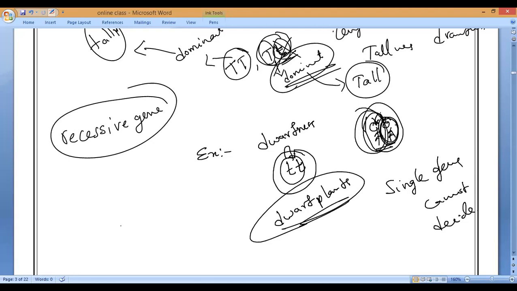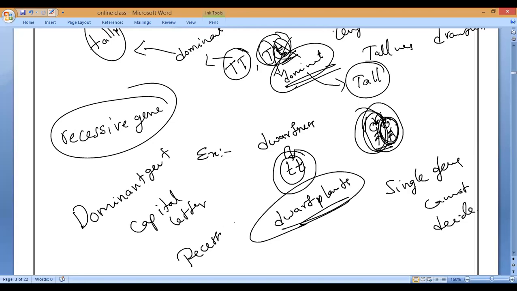That is why always remember, dominant gene is represented with capital letters. Okay, everybody? Capital letters, and the recessive gene we represent with what? Small letters.